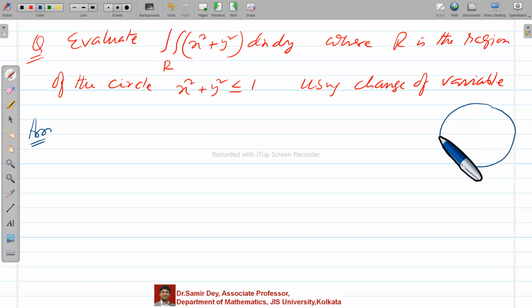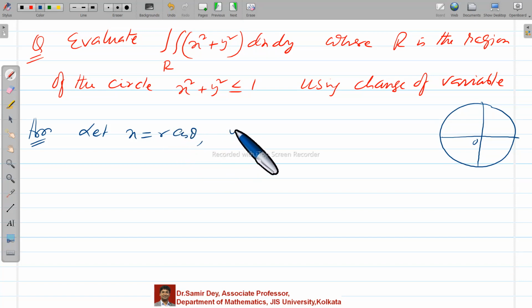This is the origin. Already you know the parametric form of a circle is x equals to r cos theta and y is equals to r sin theta. Please write down, let x is equals to r cos theta and y is equals to r sin theta. Clear?